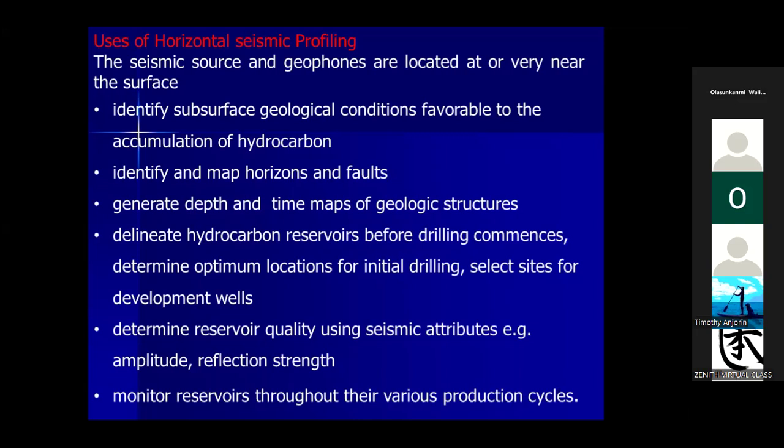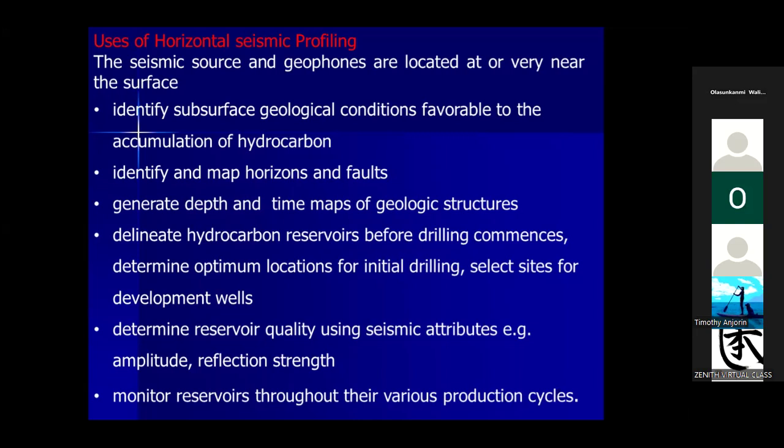Then you have your appraisal well, which starts determining parameters to know the quantity of hydrocarbon in place. Is it worth exploring? What are we going to make from it? Does it really worth investing in? Those are the things we also have to put into consideration.